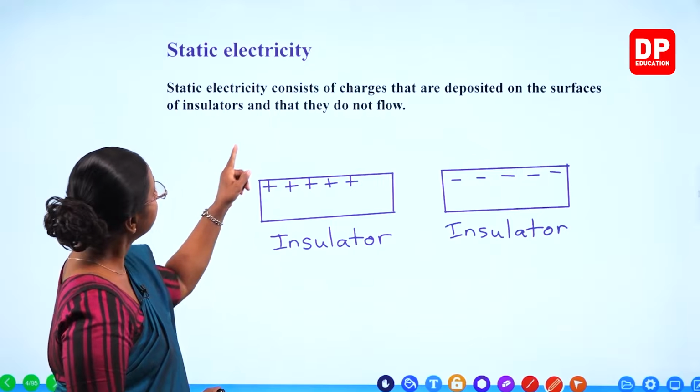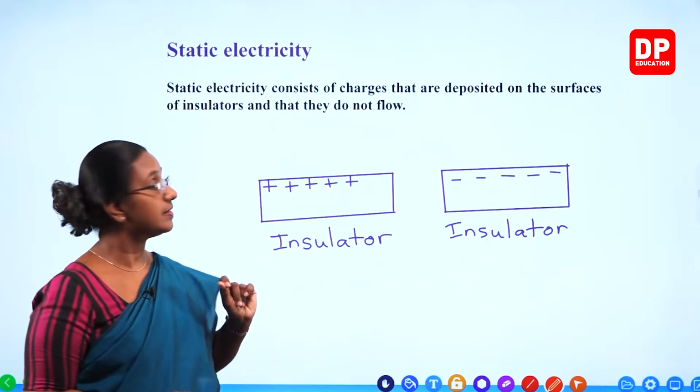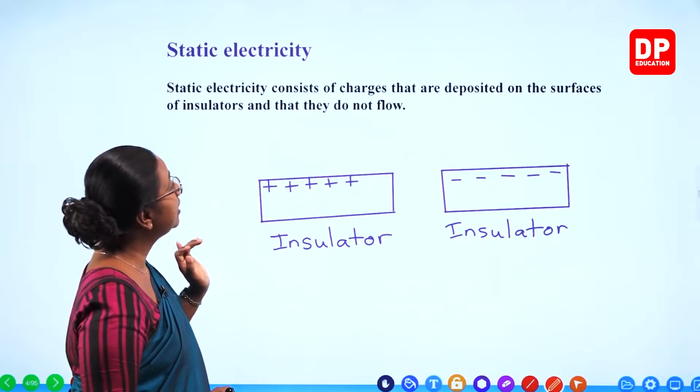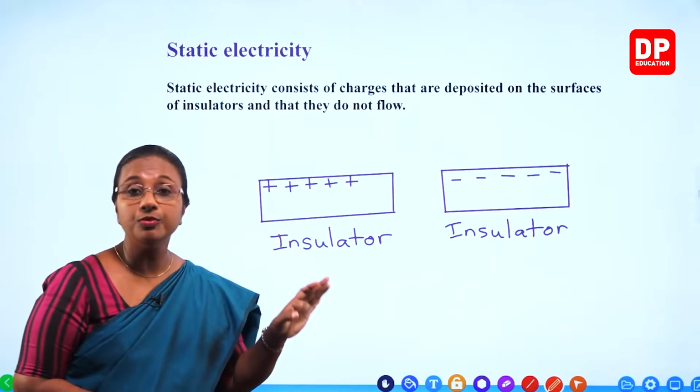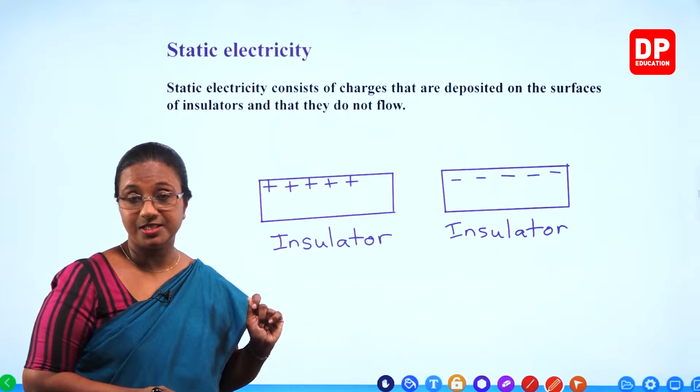Static electricity consists of charges that are deposited on the surfaces of insulators and that do not flow. They don't move, they are stationary. That is why we say static electricity.